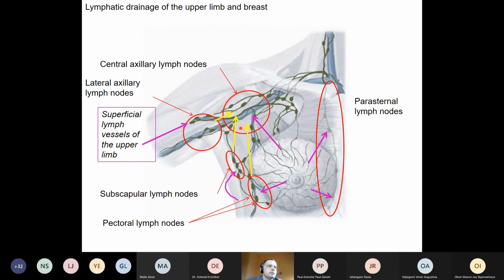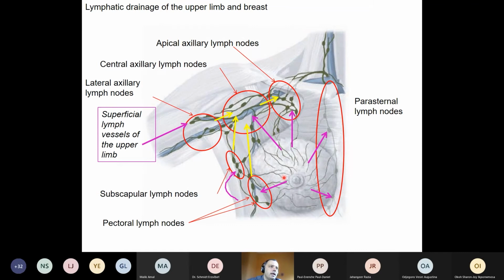So they at the same time are secondary to these areas and primary to the upper lateral quarter of the breast. Also, some lymphatic vessels go straight into the apical axillary lymph nodes, which are then the tertiary nodes, since this lymph fluid has been filtered already once here and a second time there. So these are the directions from the female breast.